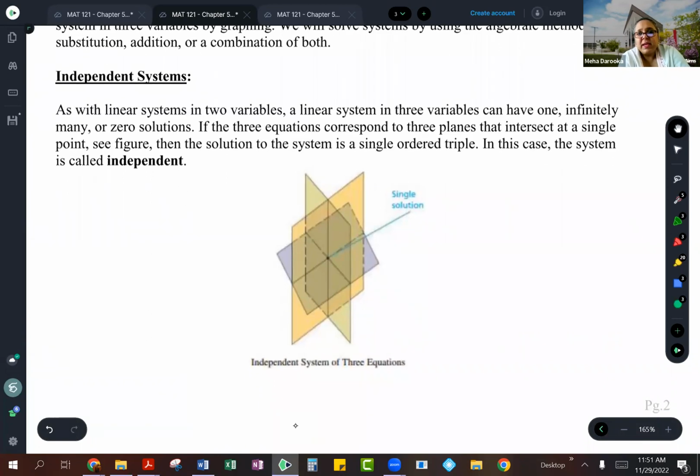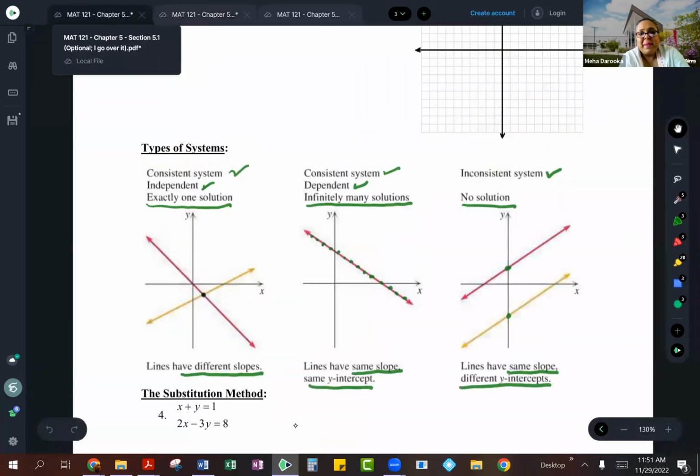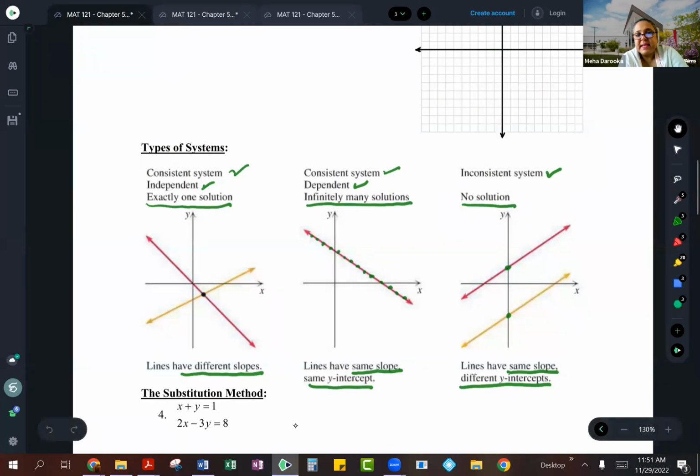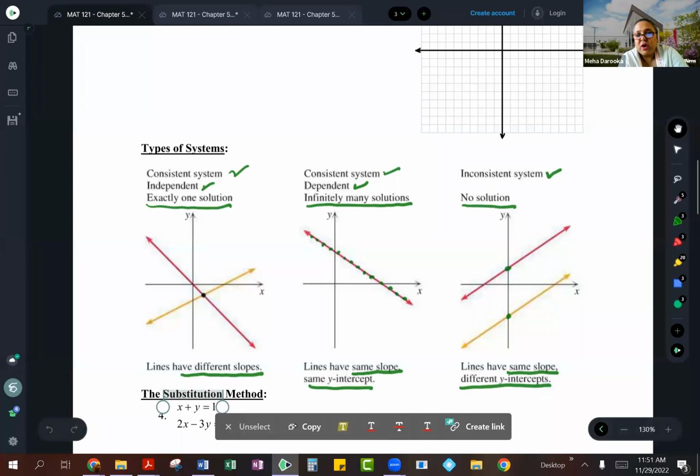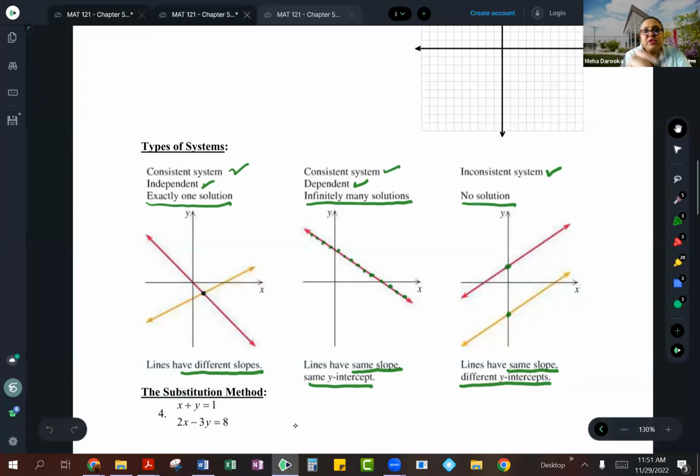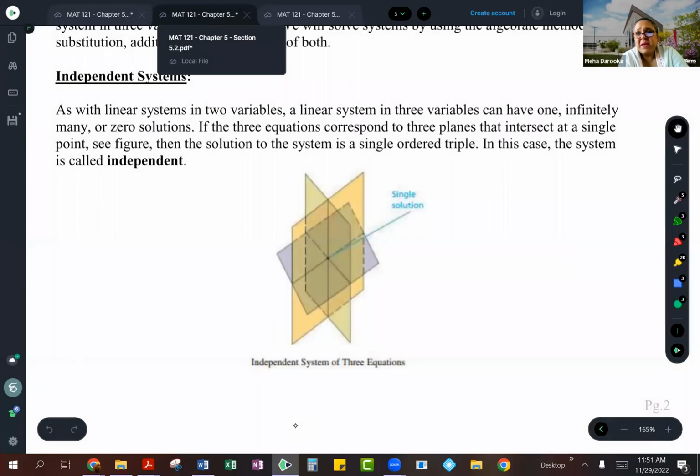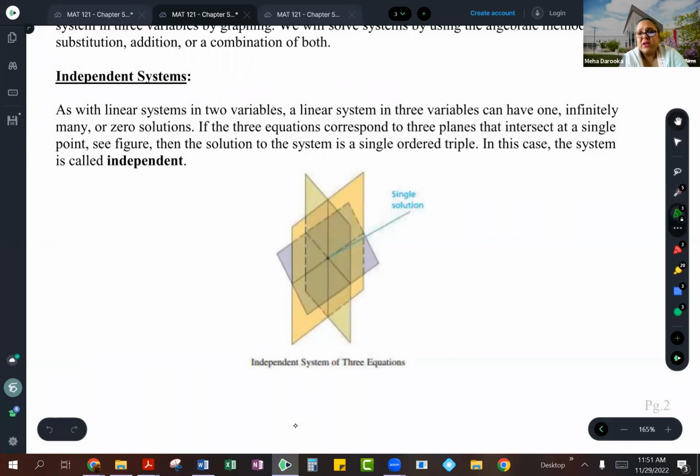So this one is talking about what an independent system would look like. Now in 2 dimensions, your independent system is where the 2 lines intersect and you have exactly 1 point of intersection. So when we translate that into a 3-dimensional image like this, what does it end up looking like?